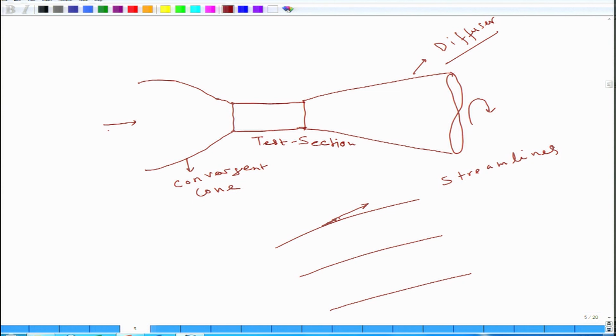Other lines: suppose this is the point where the observer is placed, and some fluid particles are moving from here. Let us say at t equal to 0 we start observing, and at t equal to -1, t equal to -2 and t equal to -3, and so on, and at t equal to 1, 2 and 3, let us say seconds.